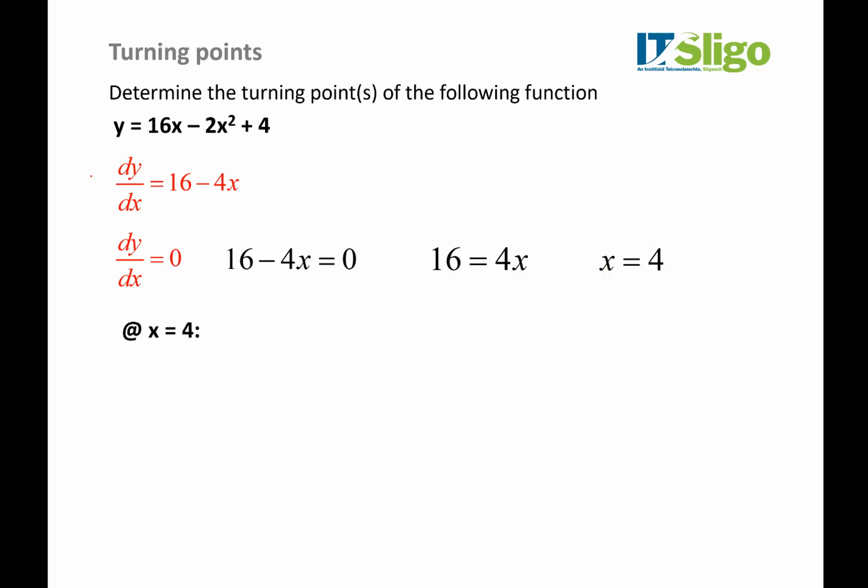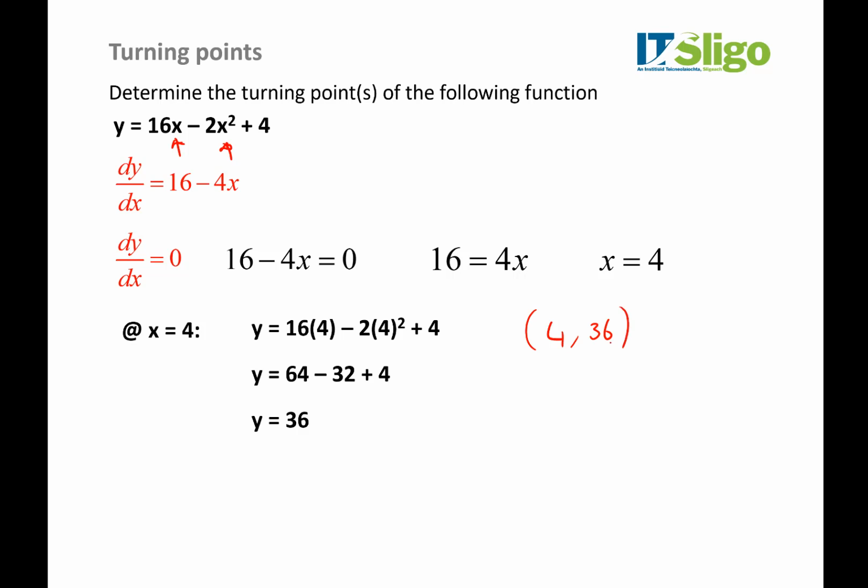So at x is equal to 4, feed 4 into the x parts here. Get your calculator or not, and we'll end up with y is equal to 36. So now we've identified our turning point. It occurs at (4, 36).